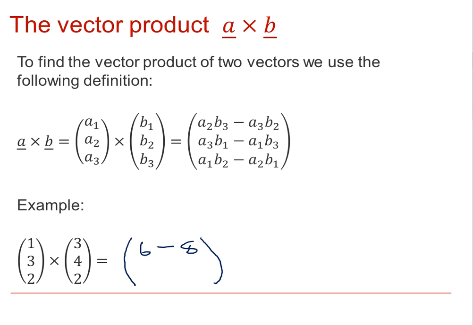And then on the next line, for the y component, a3b1, 2 times 3 being 6, minus a1b3, 1 times 2, and then the z component, a1b2, 1 times 4 being 4, minus a2b1, 3 times 3 is 9. This gives us (-2, 4, -5).